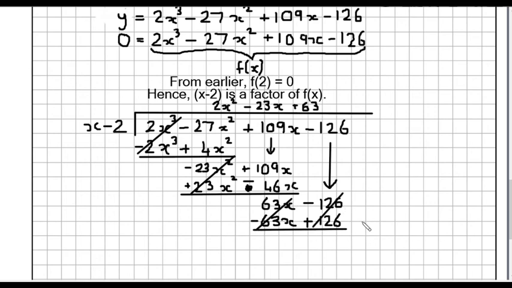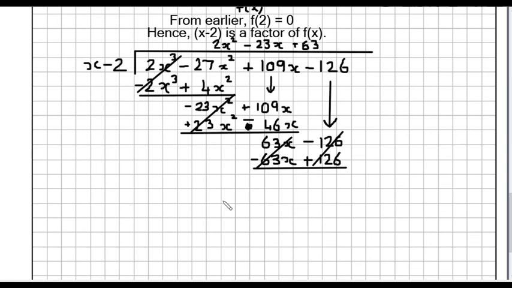So the equation that we're trying to solve is 2x cubed minus 27x squared plus 109x minus 126. We had that equal to 0 earlier on. So this is the equation that we're trying to solve.